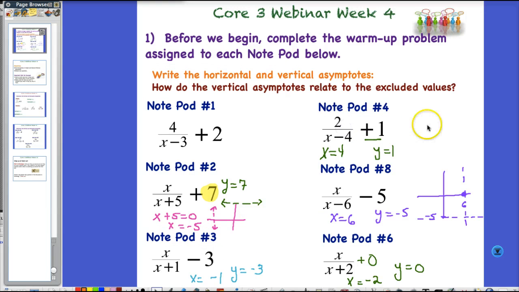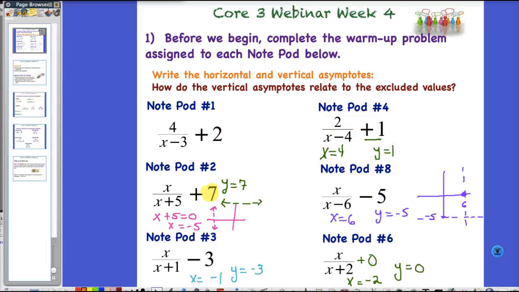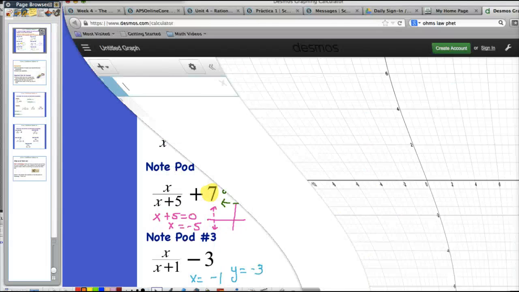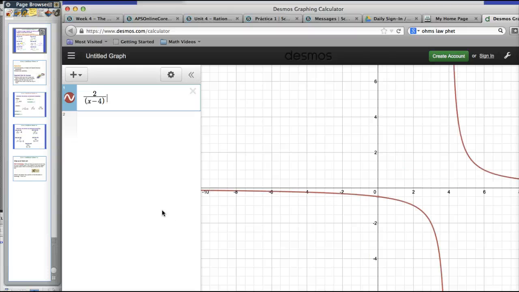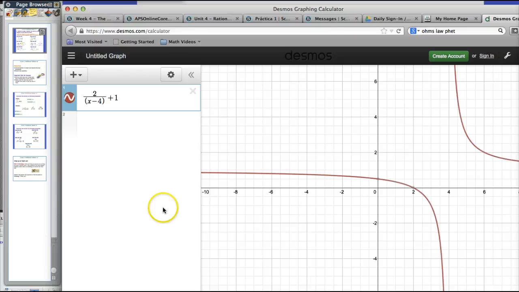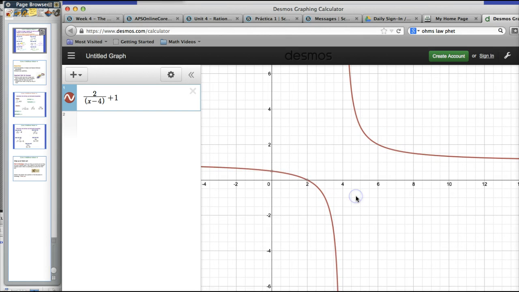All right, so we're going to graph Miriam's. Notice that our asymptotes are 4 and 1, so we have 2 over x minus 4 plus 1. So if we go and graph it, 2 divided by x minus 4 plus 1. All right, so hopefully you guys can see this. It's going to pop up on your screen.